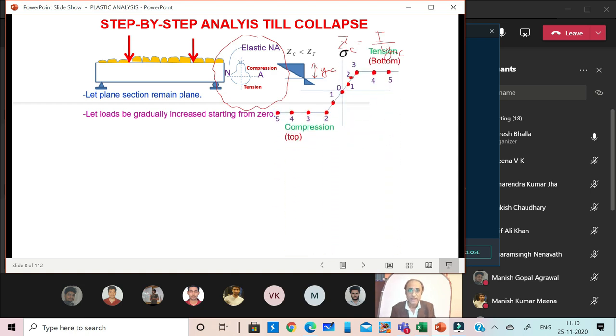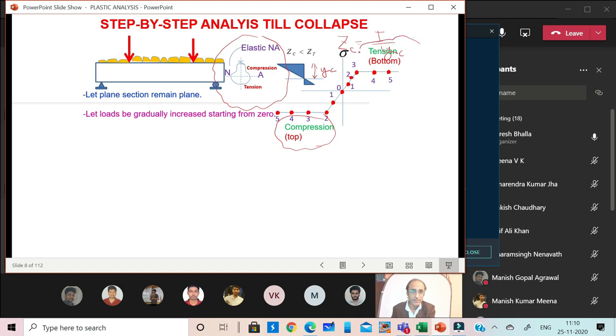The state of the section is represented here. The curve on the top represents the tension side, the bottom face, and the curve on the bottom gives us the top or compression face.